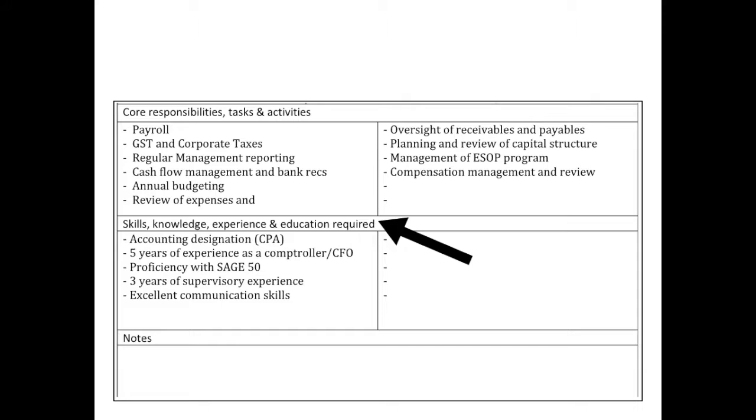So for instance, here we had a requirement for an accounting designation, 5 years of experience as a controller or a CFO, proficiency with Sage 50, which was the software that the firm was already using, 3 years of supervisory experience to reflect the fact that they would have some staff under them, and excellent communication skills.